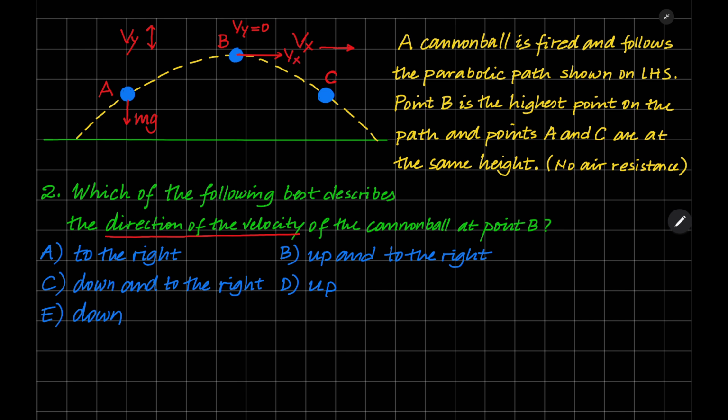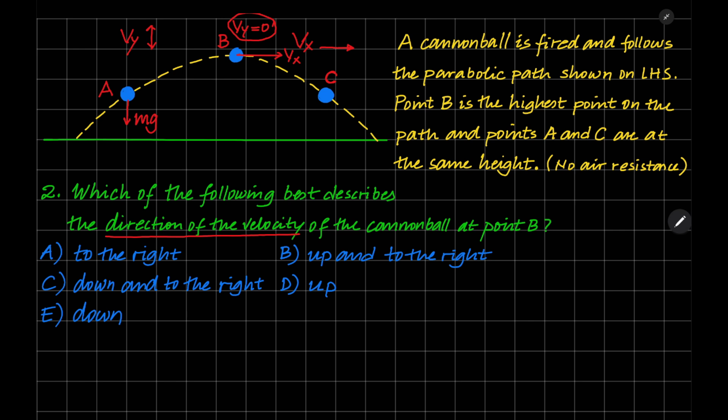The horizontal component is always constant along the motion, but the vertical component of velocity changes with respect to the path of motion. So at point B, the vertical component is 0. So the direction of the velocity is to the right due to the horizontal component.